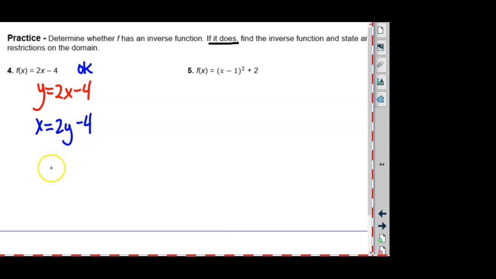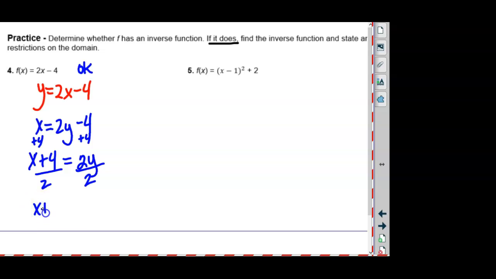Okay, how do I get the y by itself? Add 4 to both sides. It will become an x plus 4 over here because it is not like terms, can't combine those. And then the last step, divide everything by 2.